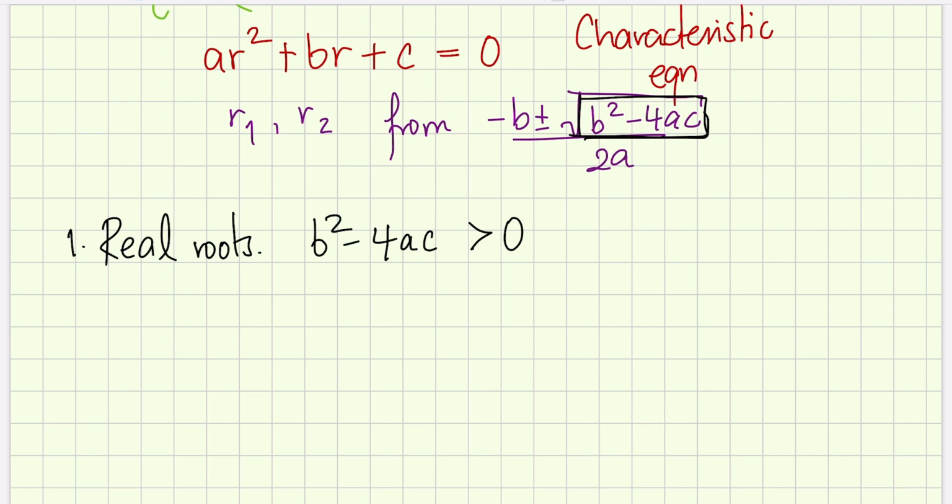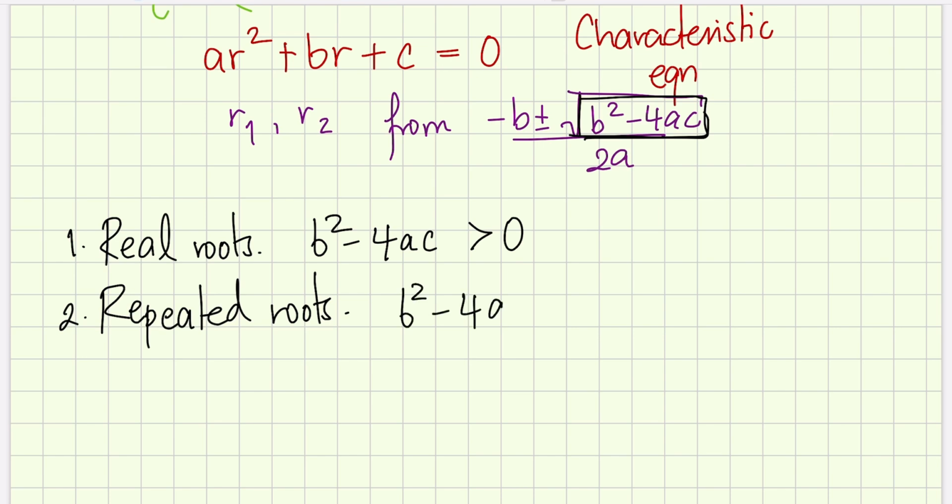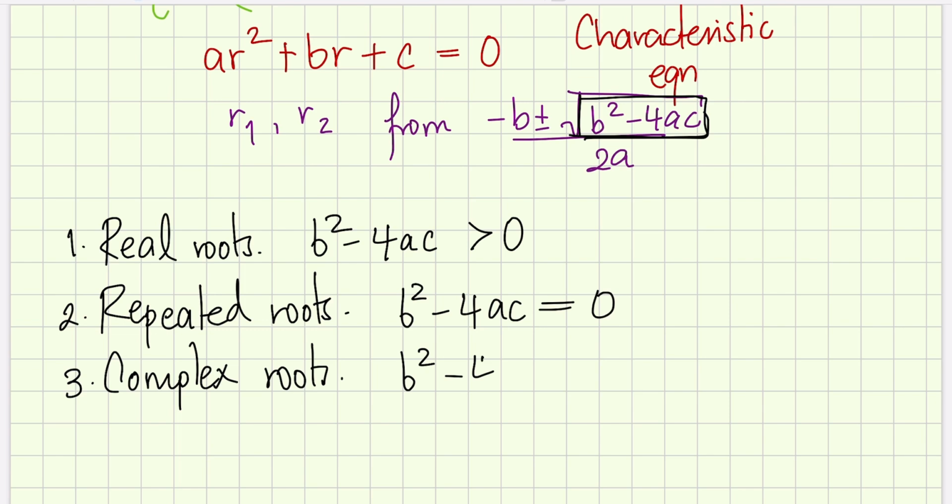This is the one I'm talking about. The second possibility is a repeated root. Now this you will get when b squared minus 4ac is equal to 0. And lastly, we have the complex roots, which you get when b squared minus 4ac is less than 0.